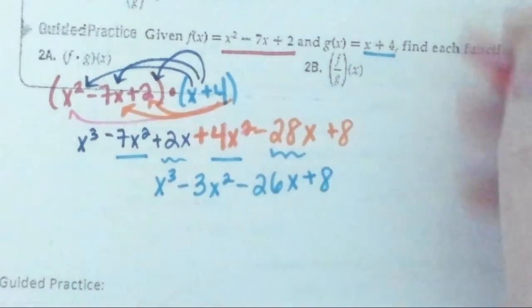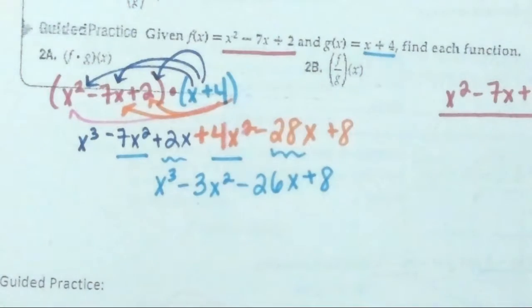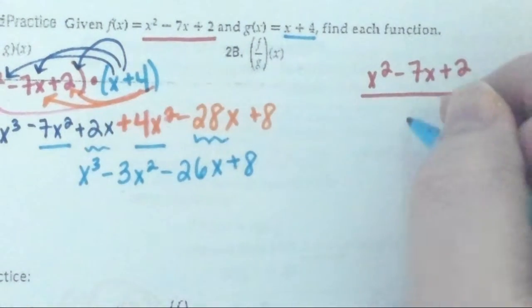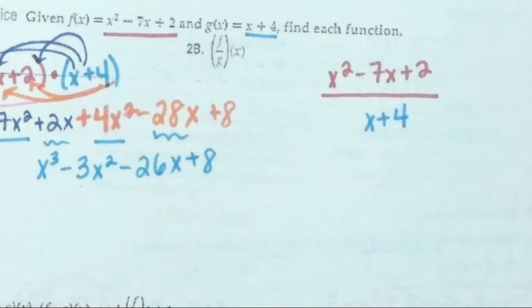So f is x squared minus 7x plus 2, and they want us to divide by g. Well, g is x plus 4. And this is where we reach our conundrum in life.